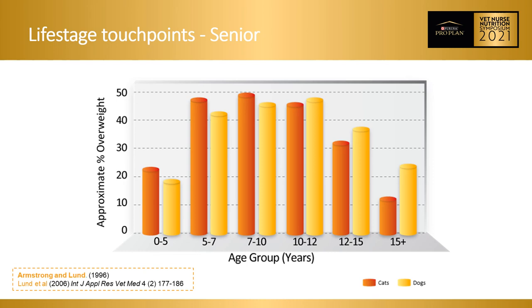So really understanding the changes that occur as dogs and cats get older can help us provide appropriate nutritional advice and tailored diets and recommendations to reduce the risk of obesity in our senior pets. And then concentrating on the positives: increasing lifespan and reducing onset of chronic disease.